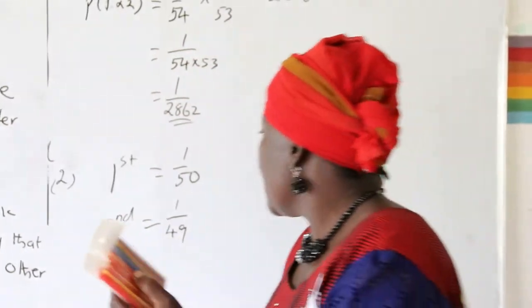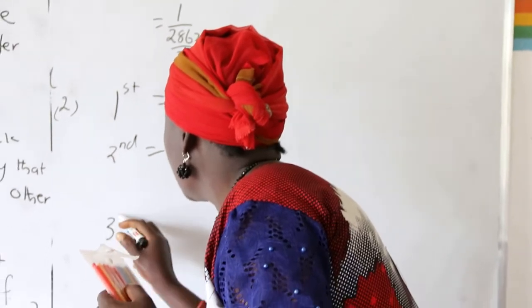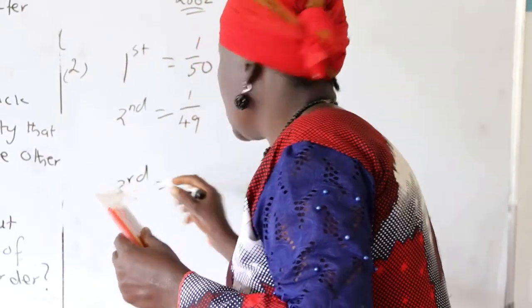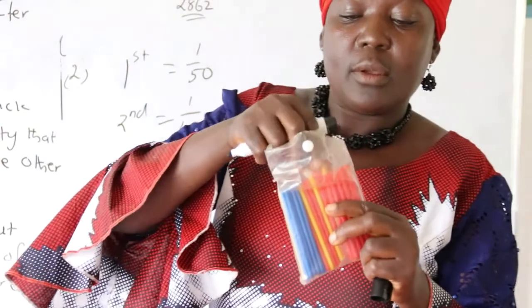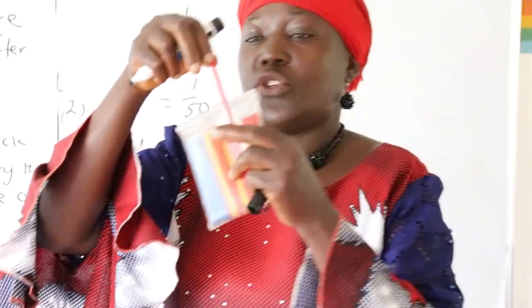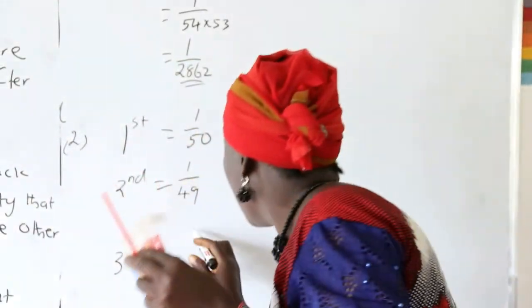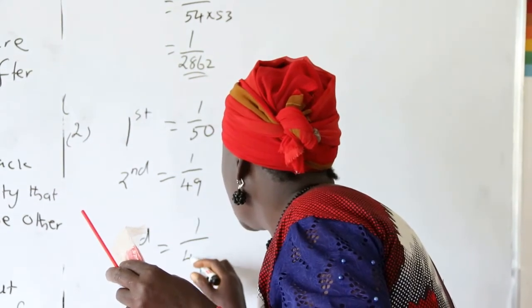Now I will pick my third stick. So this one will now be 1 over 48.